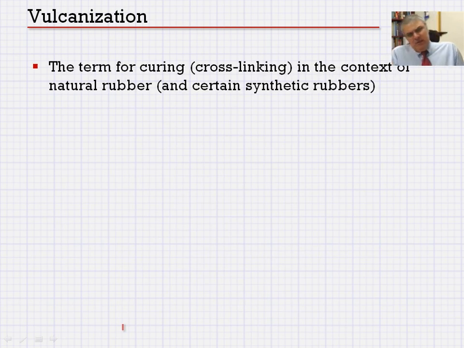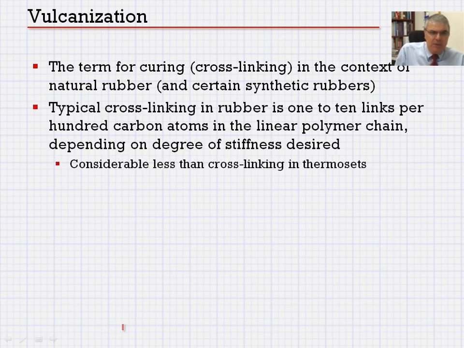What is vulcanization? I've been using this term probably throughout the discussions on polymers. This is a term for curing in the context of natural rubber. When we say curing, we are talking about cross linkage, and of course the cross linkage in rubber is 1 to 10 links per 100 carbon atoms in the linear polymer chain.